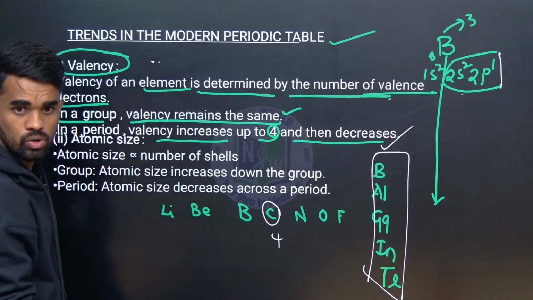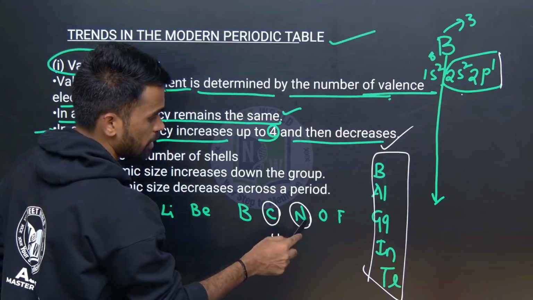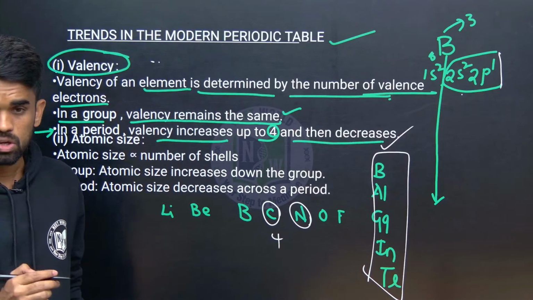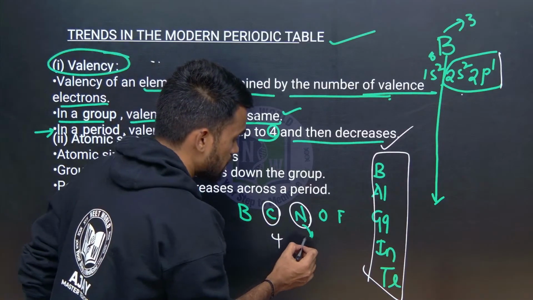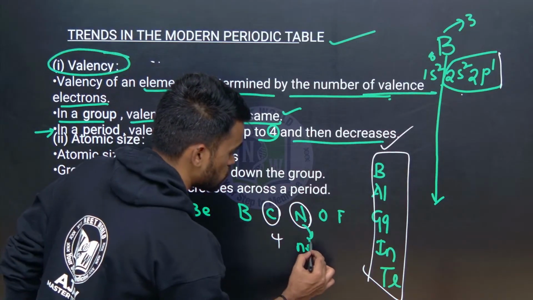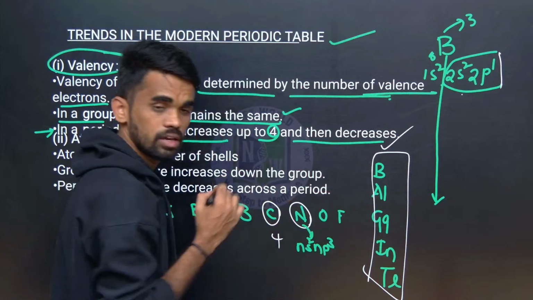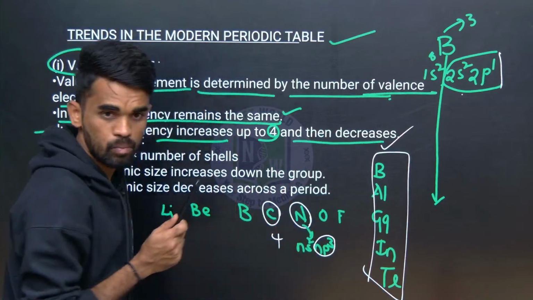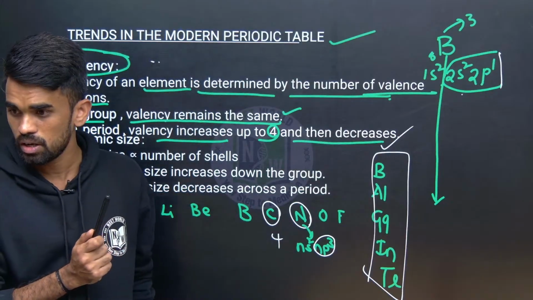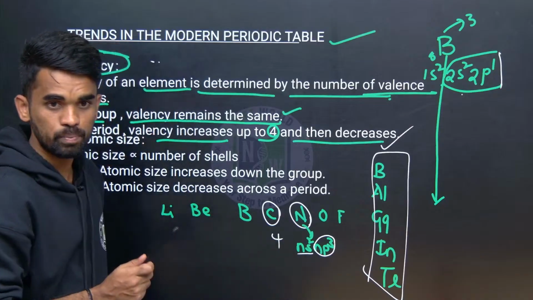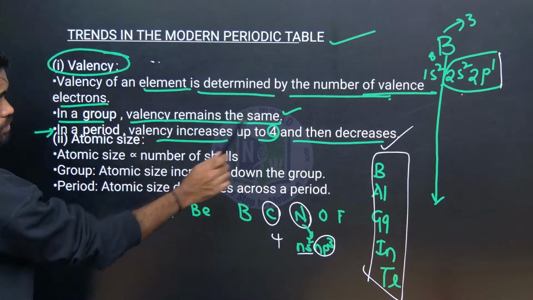For nitrogen we have ns2 np3, 5 valence electrons, so it can make 3 bonds with 3 unpaired electrons and 2 paired, like ammonia. The paired electrons will be present as a lone pair. That is what is mentioned as 4.